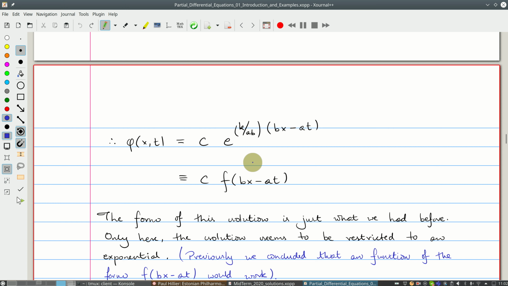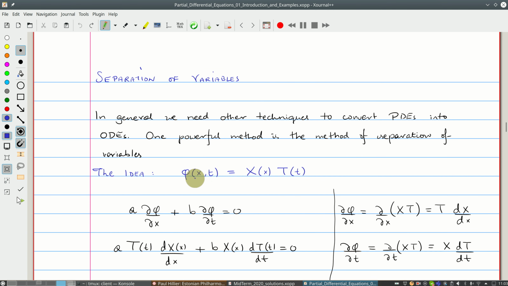Okay, the idea here is that k could be imaginary, it could be real, it could be positive, negative, it could be anything. If you take the case where k is imaginary, and we'll see examples of how this happens later, then what we will get is a complex exponential. Now, remember what I said: although we will assume in this case that phi is a single function X of x times T of t, in general it will be a linear combination of such products.